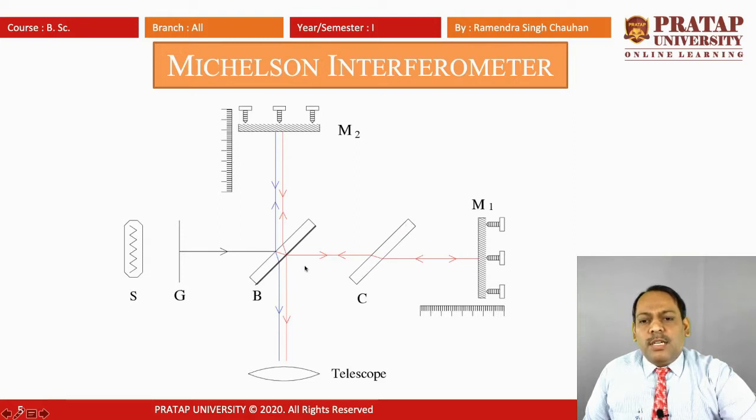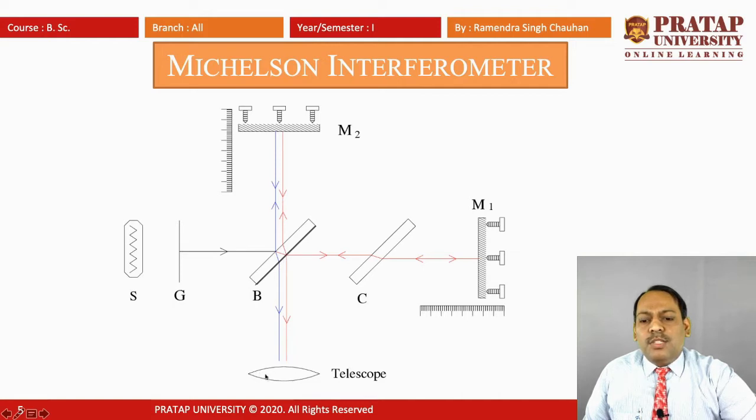So here again we can see that when light comes from the source, it comes here and gets split from the back side of this plate B, which is also called the beam splitter plate. It goes towards mirror M2, then comes back to this point and again goes to the telescope.